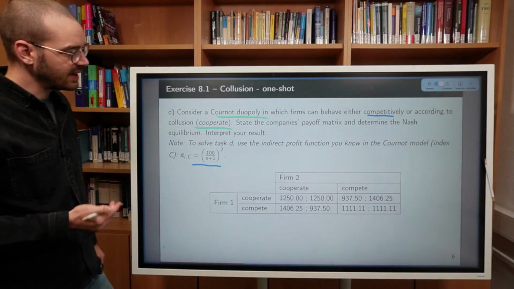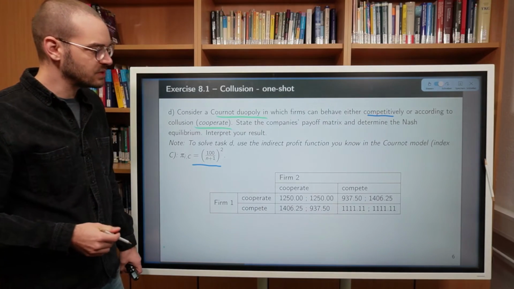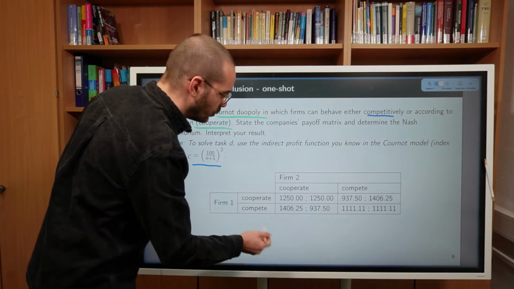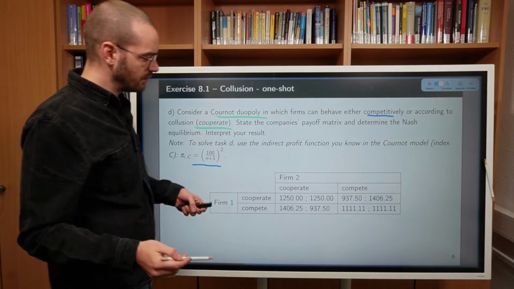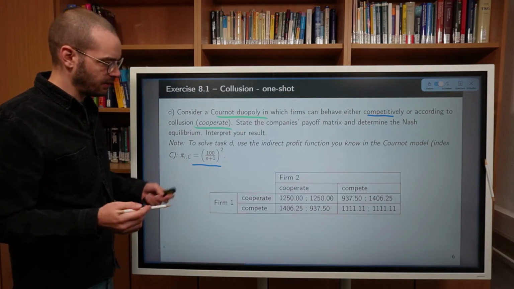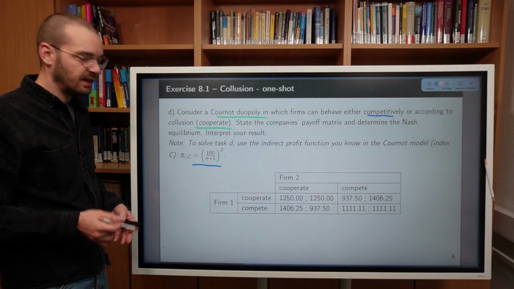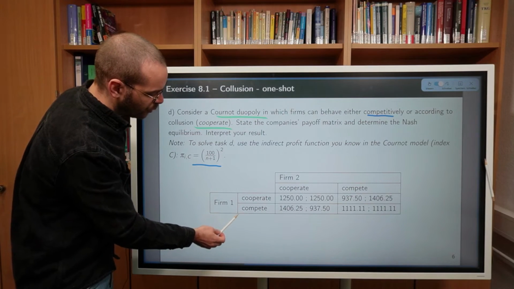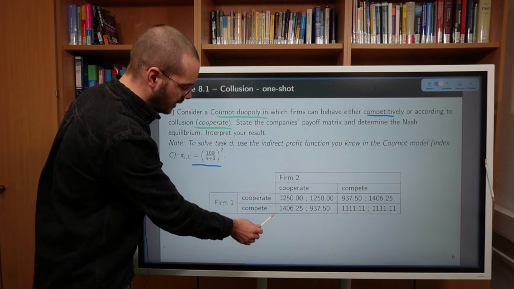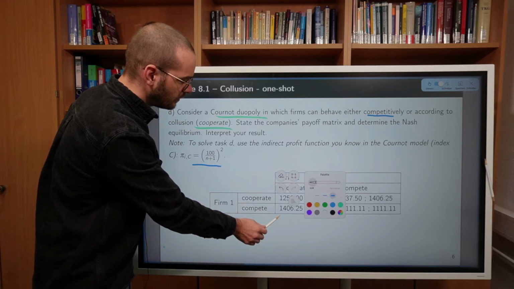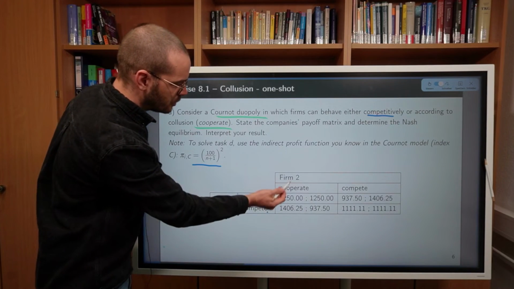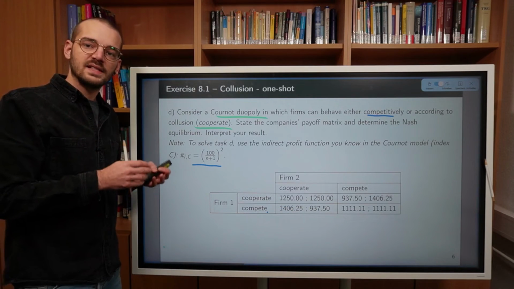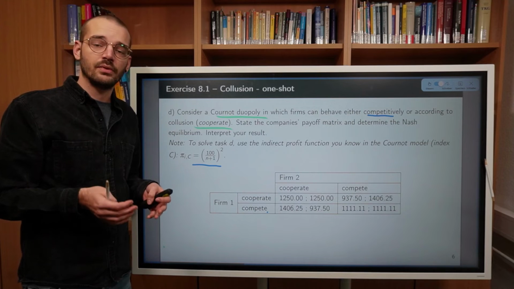All right, we have analyzed these games several times already, but just to give you one example of what's actually written on this slide. If player 1 or firm 1 chooses to compete, and firm 2 chooses to stick with the cooperation, we're exactly in the setting where we have this deviating firm, right?